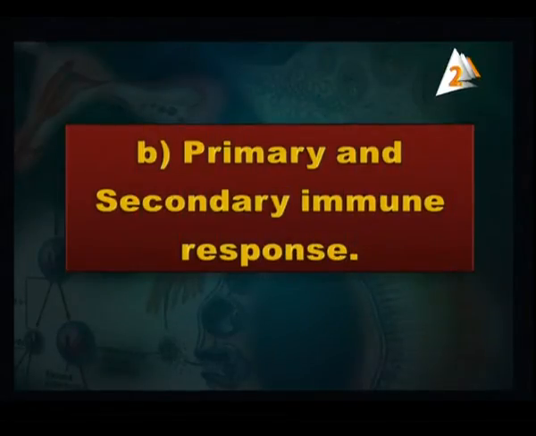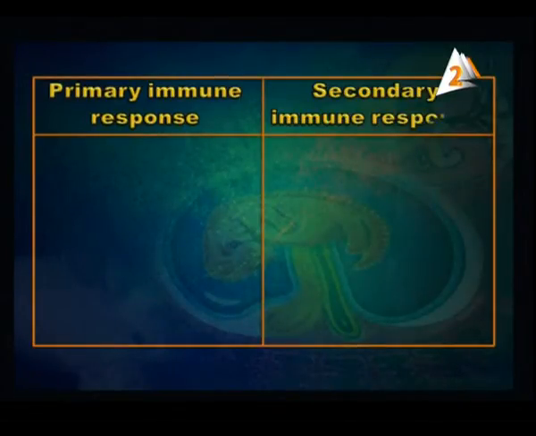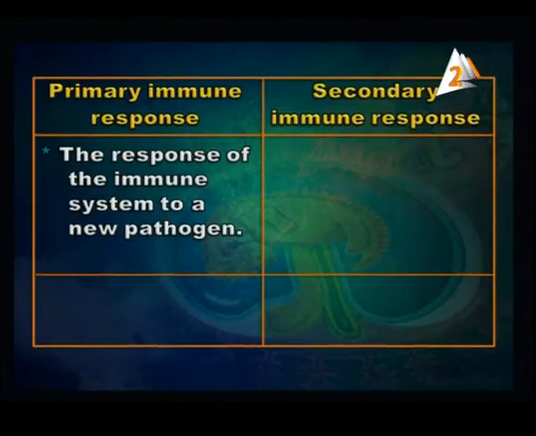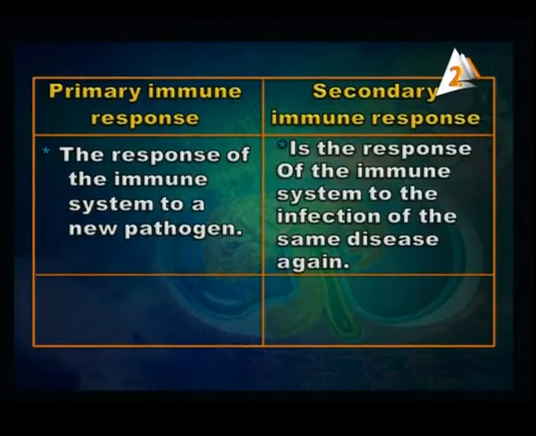The second comparison, primary and secondary immune response. The primary immune response is the response of the immune system to a new pathogen. The secondary is the response of the immune system to the infection of the same disease again.